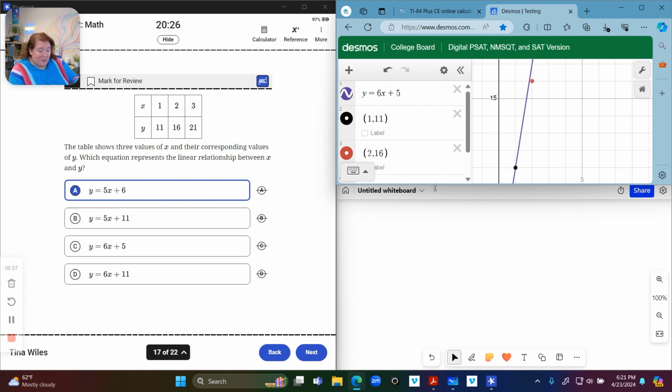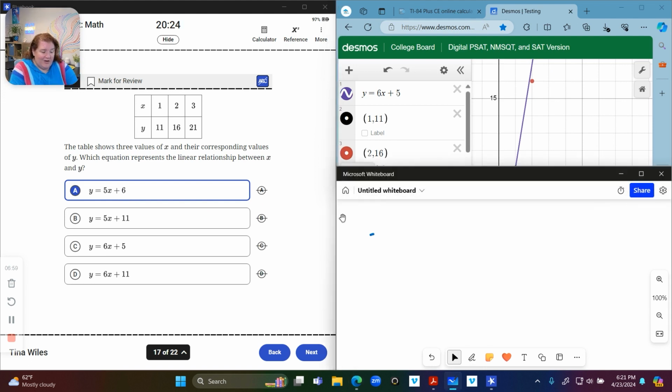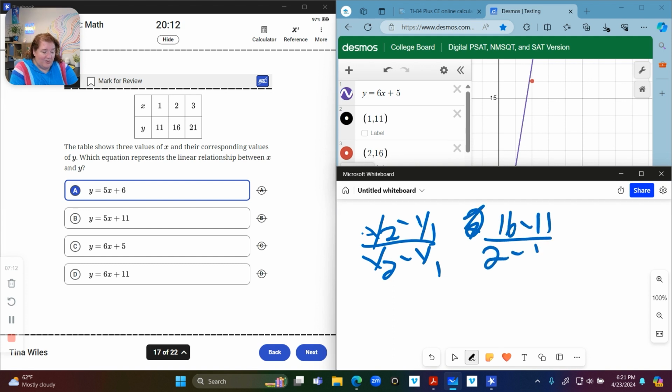I could do it algebraically by doing y2 minus y1 over x2 minus x1, which would be 16 minus 11 over 2 minus 1. That's 5 over 1. So I know it would have to be A or B because the slope was 5.